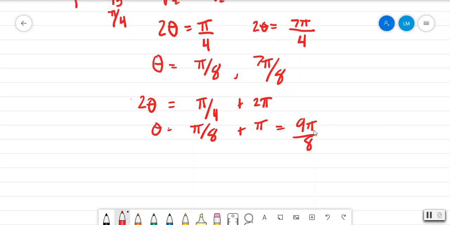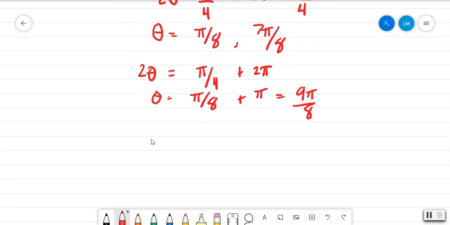And then if we do another computation of the same thing, the next theta value is going to be that 2 theta equals 7 pi over 4 plus 2 pi.